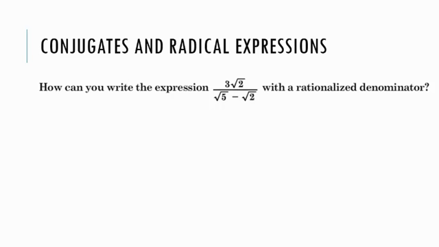Well, let's multiply. Sorry, I almost jumped ahead of myself. If we want to rationalize this denominator, the square root of 5 minus the square root of 2, we can actually multiply the denominator by the conjugate, the square root of 5 plus the square root of 2. Now remember, I can multiply this expression by anything over itself, because anything over itself is 1.